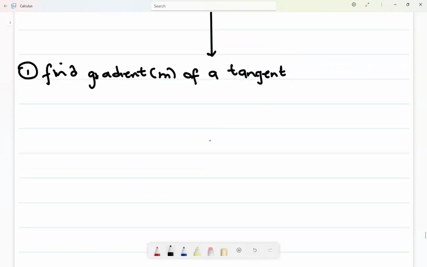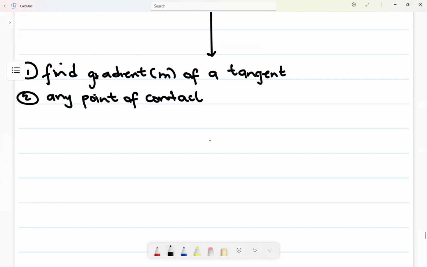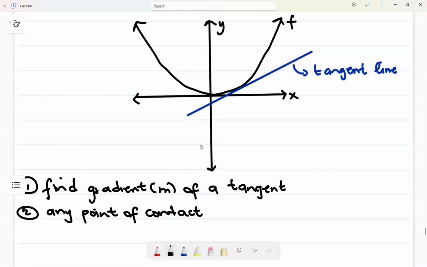The second step, find the what? Point of contact. What do you mean? Meaning here, the point of contact here, we want that one.